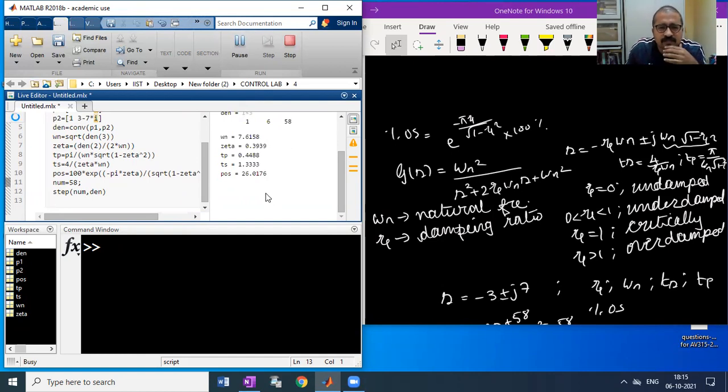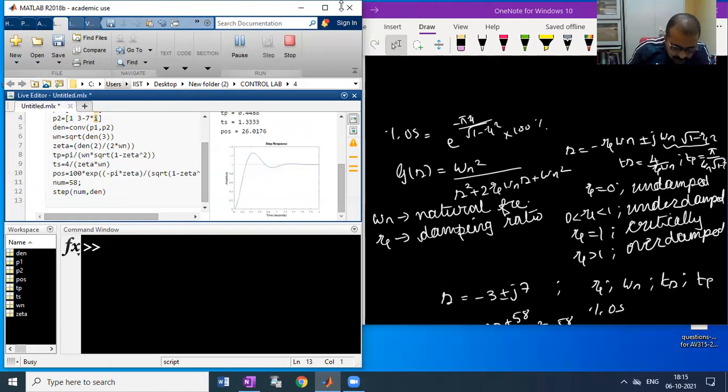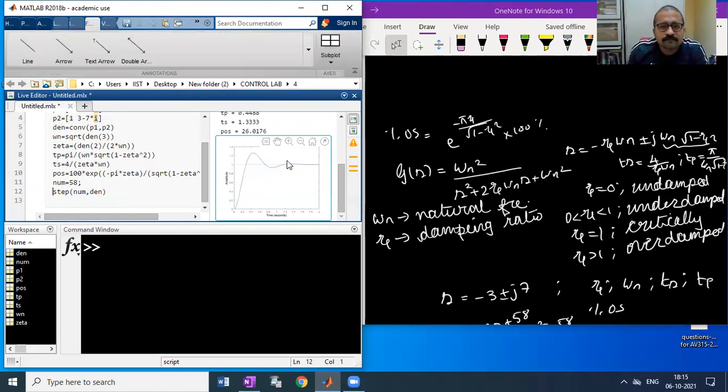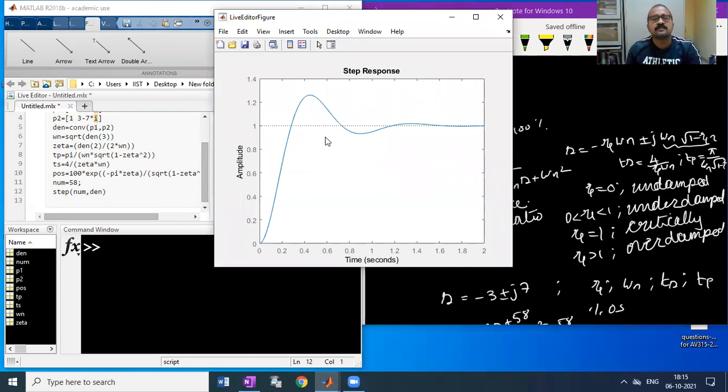The overshoot was 26.0176 and the settling time was 1.333. It's running. You can see here, this is the step response.